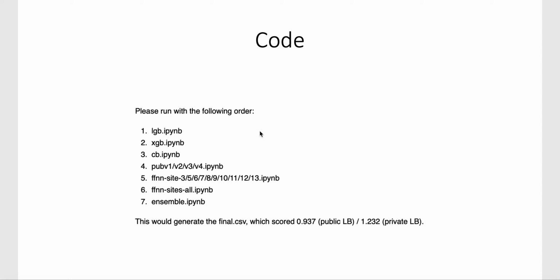Overall, this code takes about 48 hours or maybe a little more to run. But in case this solution needs to be productionized, we highly recommend using the first LGB notebook, because the LightGBM models run fairly quickly.